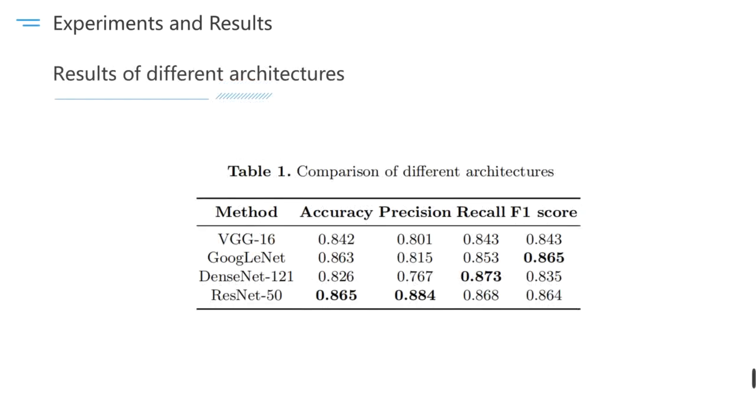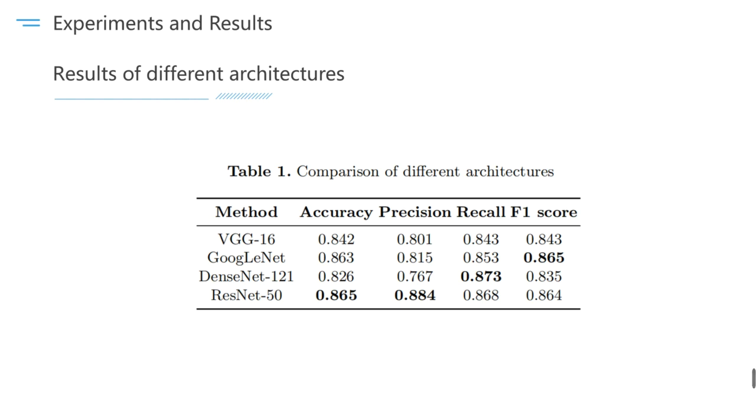In order to better capture the feature differences between different types of pneumonia, as shown in the table above, we selected several well-known convolutional neural network models as the backbone networks and compared their performance on the binary classification task.